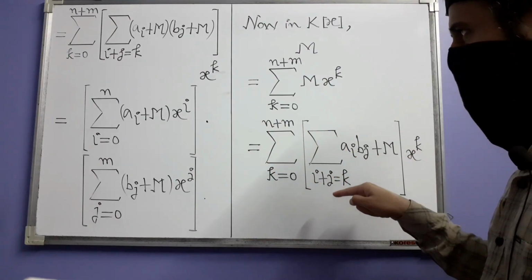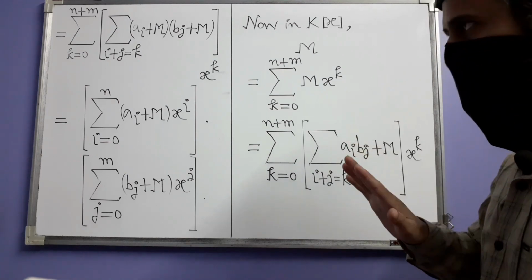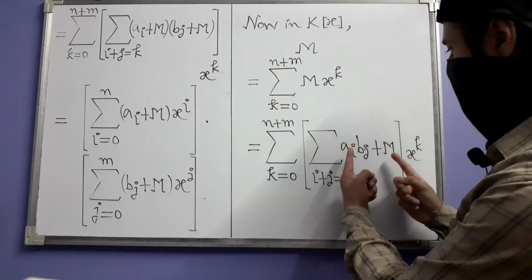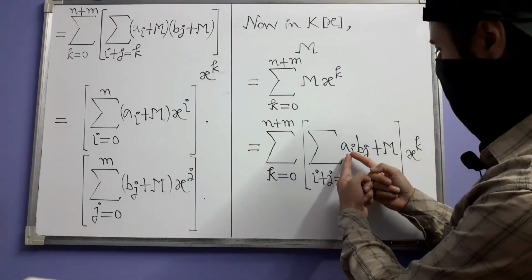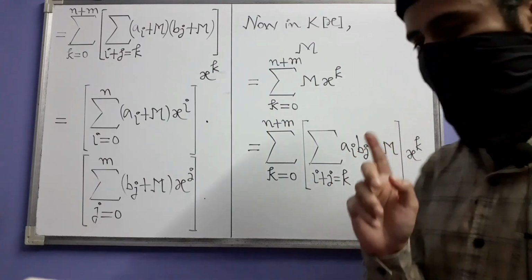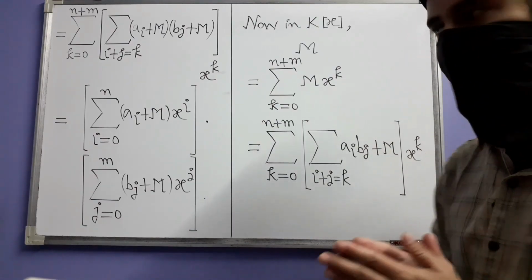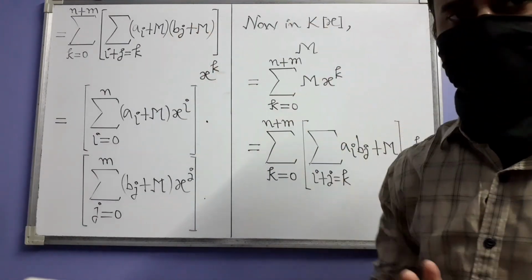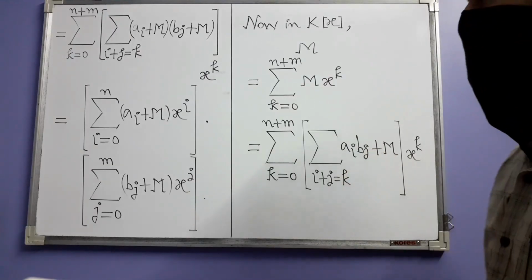And then once you write that, you naturally write this, because then you are looking at cosets which individually look like this, aibj plus M. By the definition of multiplication in K, aibj plus M is ai plus M times bj plus M. Alright.